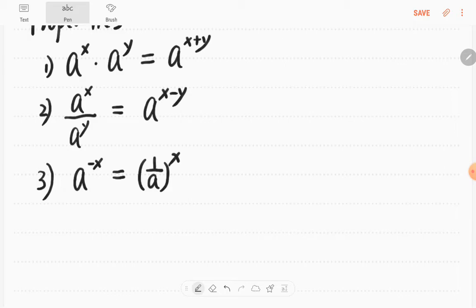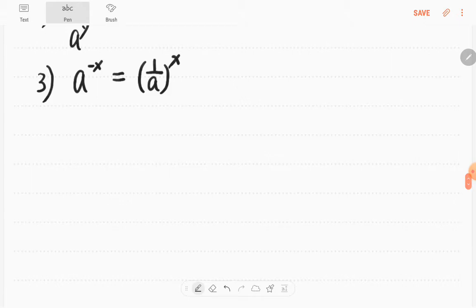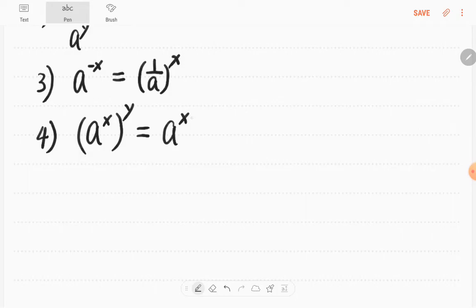Right? Fourth, a to the x, then the whole thing to the y is equal to a to the x times y. The new exponent is just you multiply x and y.